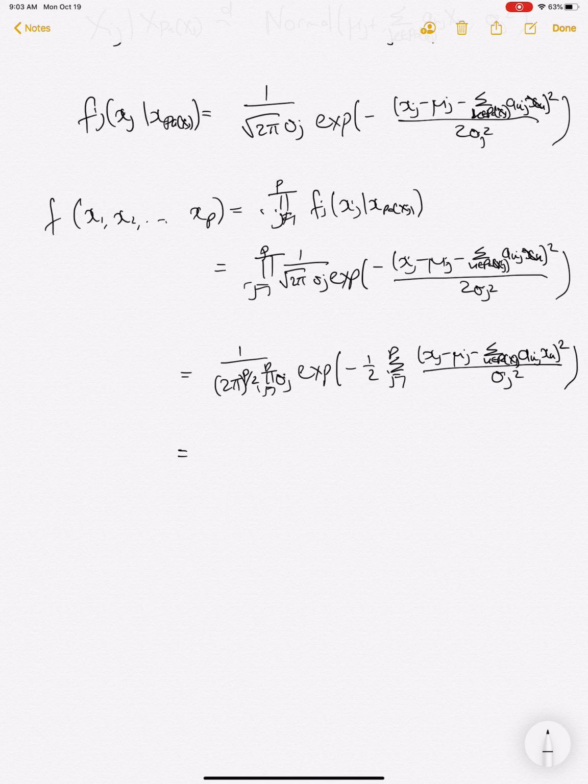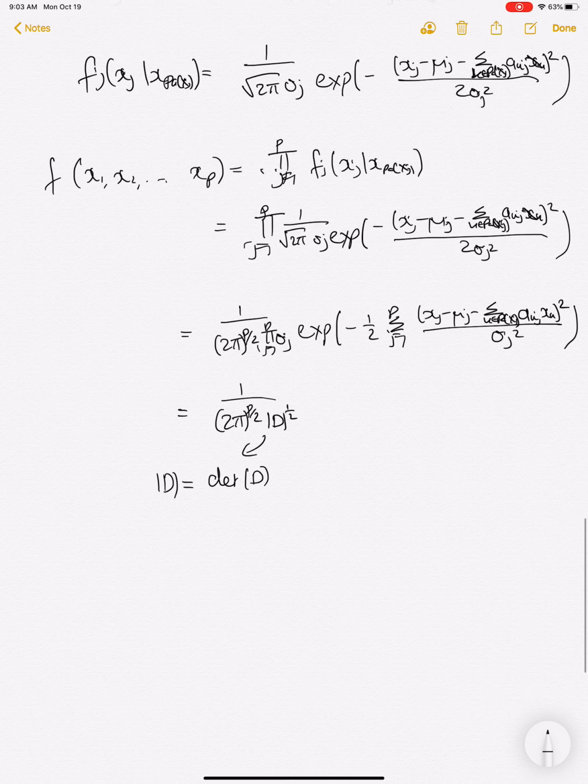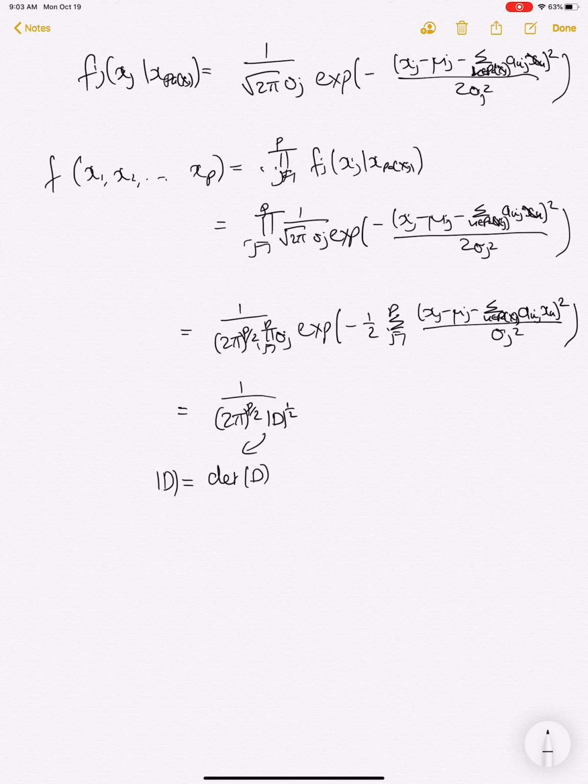Okay, and one thing to also note here is that because D is a diagonal matrix, and we're taking the product of these diagonal elements of it, this is exactly just the determinant. So this is the determinant of D. So this is the notation I'm using here. Okay, now to go back to the form that we had earlier, I'm going to convert to matrix vector form.